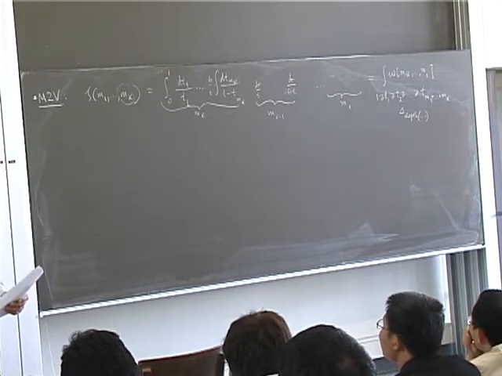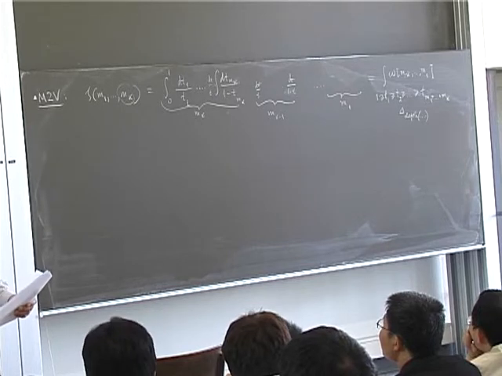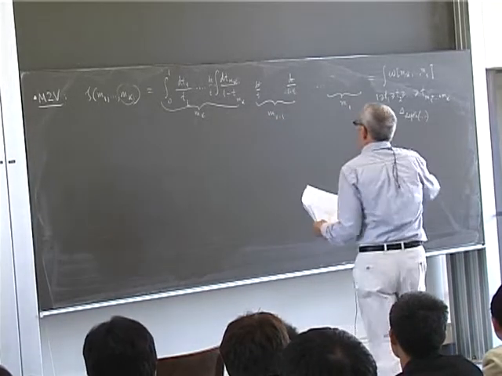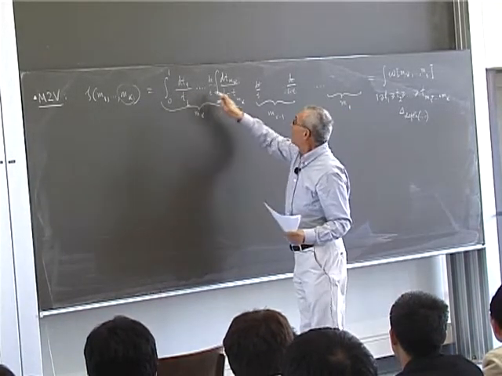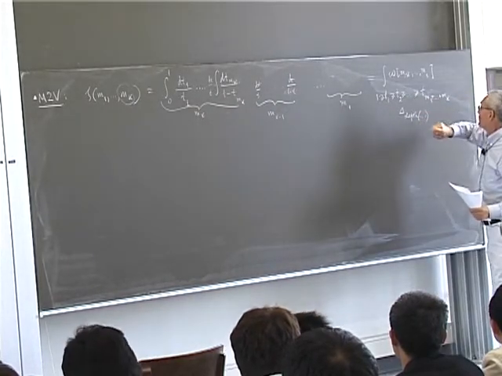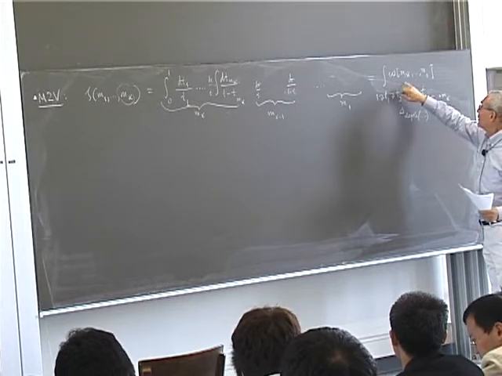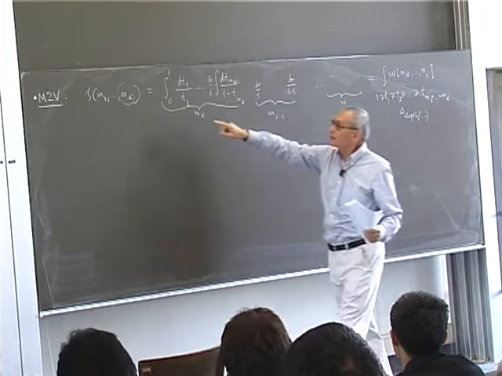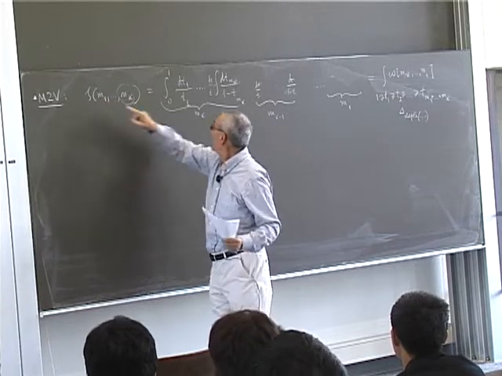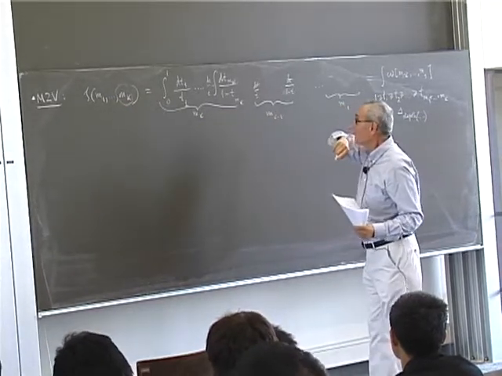What is what? Well, you have as many integrals here as the depth of my zeta, that is m_k plus m_{k-1} plus ... plus m_1. Okay?